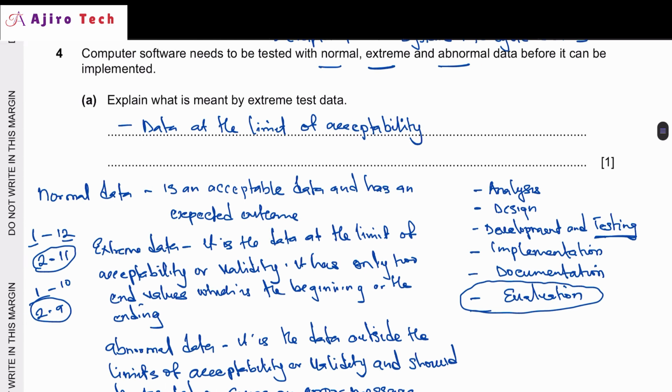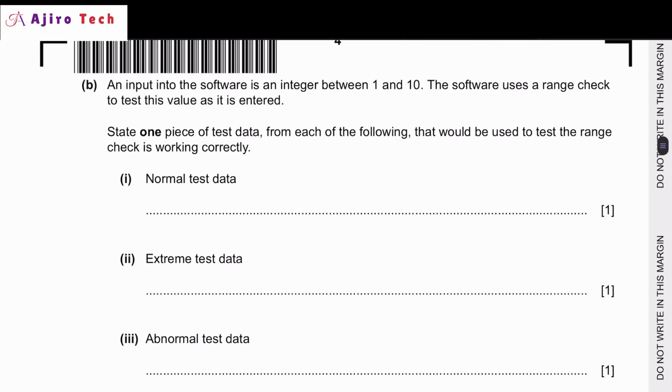An input, this is question 4b. An input into the software is an integer between 1 to 10. The software uses a range check to test this value as it is entered. Now, you will see this in chapter 7, the system's life cycle.